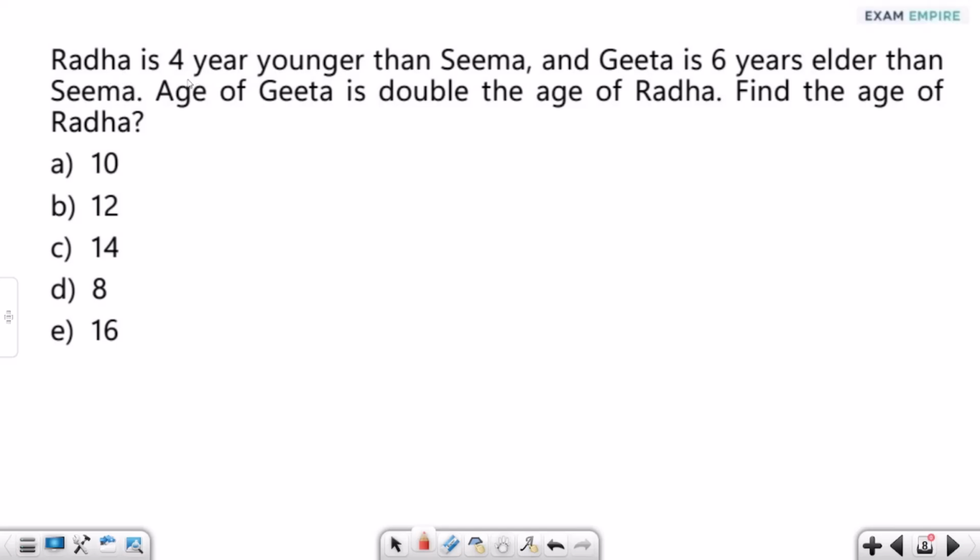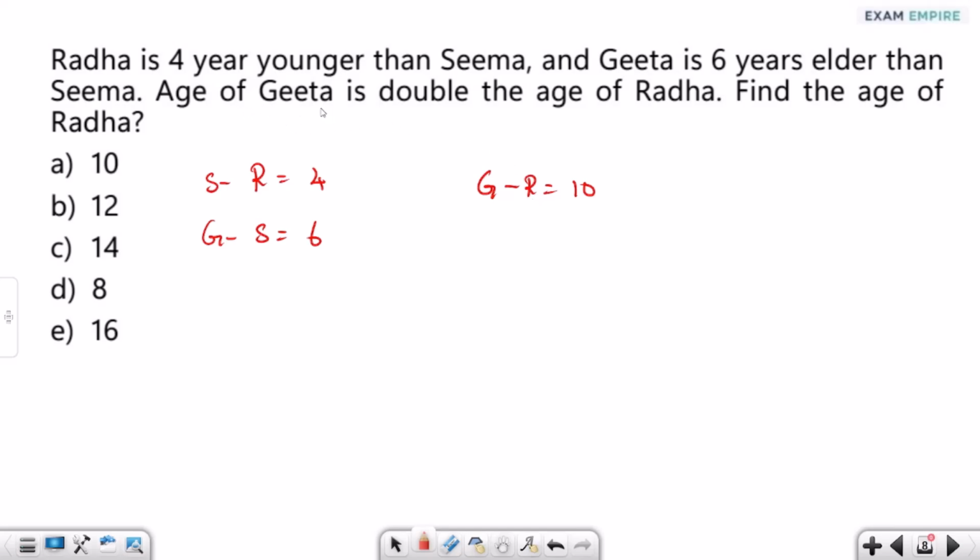Radha is 4 years younger than Seema, and Geeta is 6 years elder than Seema. The age of Geeta is double the age of Radha. If I add these two things, you will get Geeta minus Radha is 10 years.